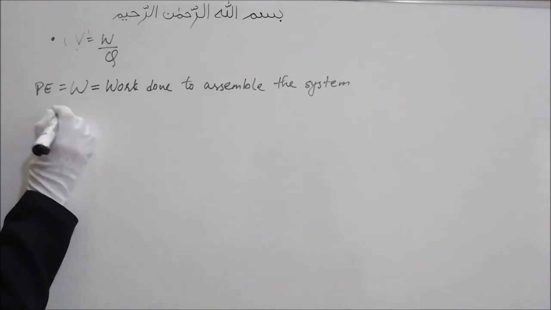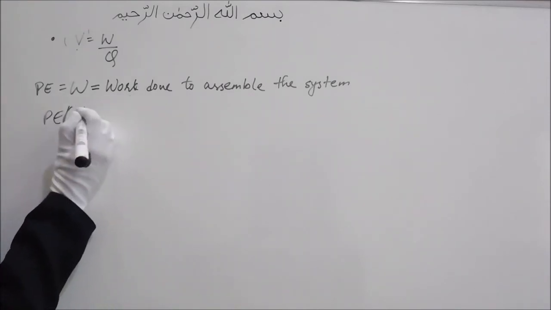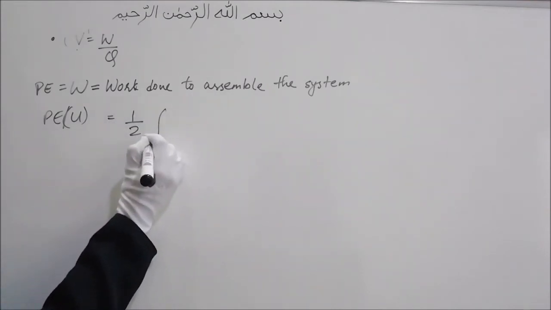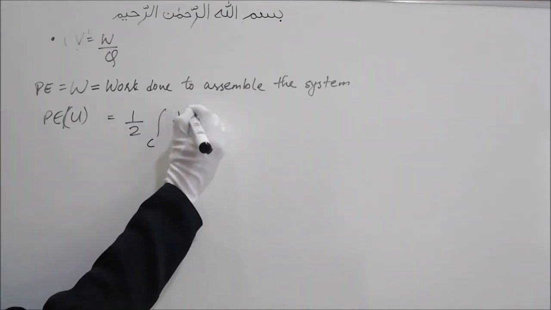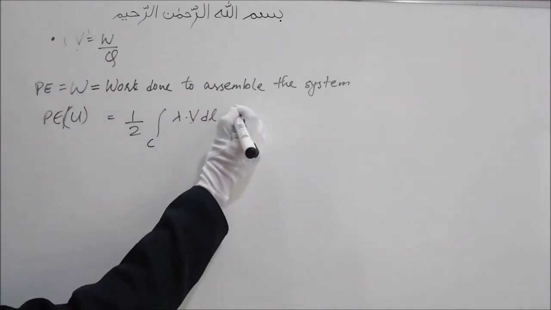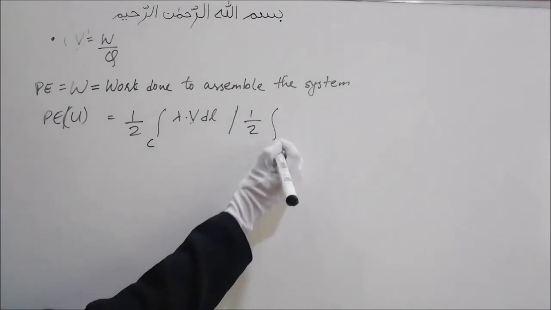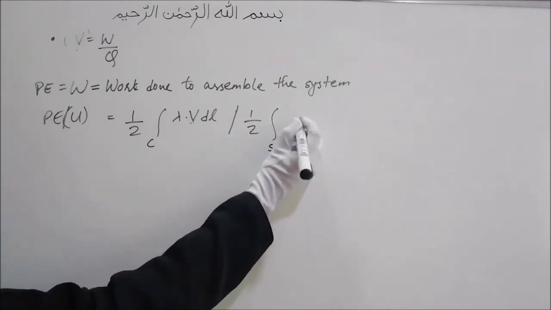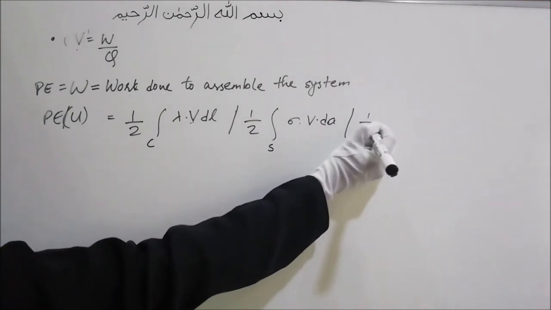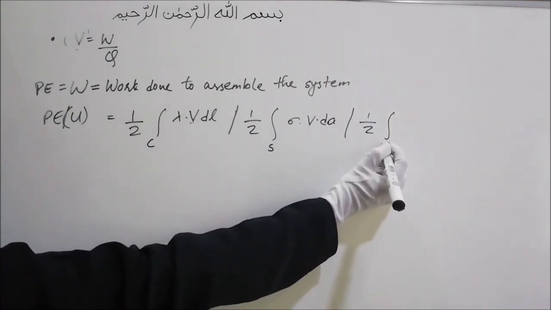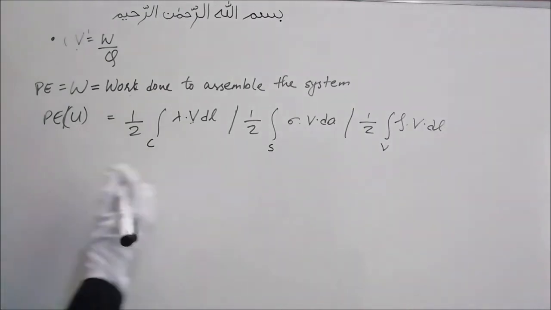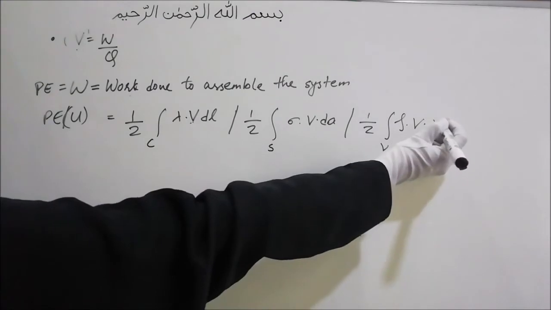Therefore, the potential energy U of a continuous charge distribution will be equal to half integration over the curve C of lambda into V into dl, where V is the potential, or it can be half integration over the surface S of sigma into V into dA, or half integration over the volume V of rho into V into d tau.